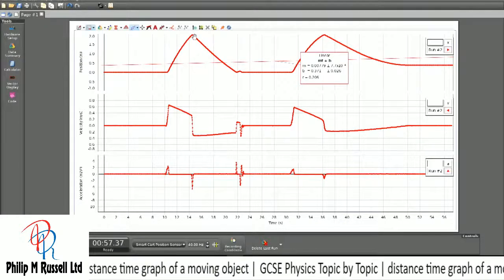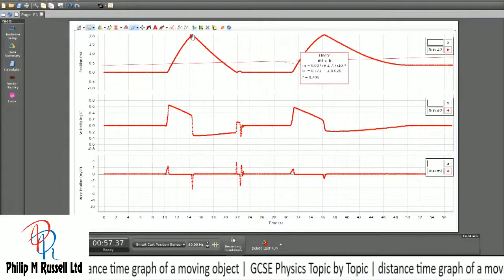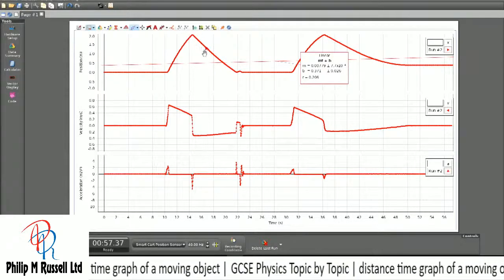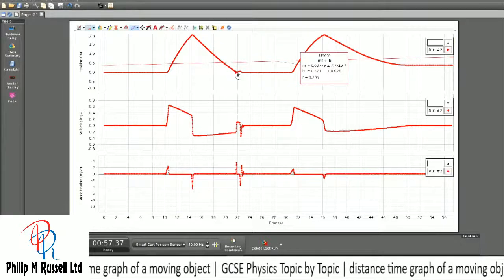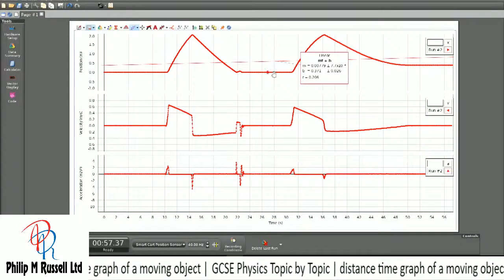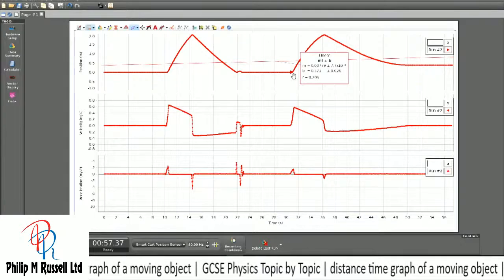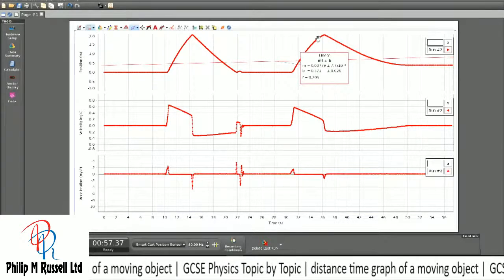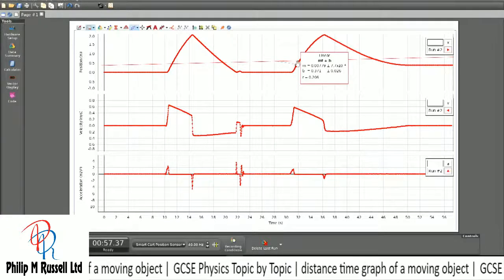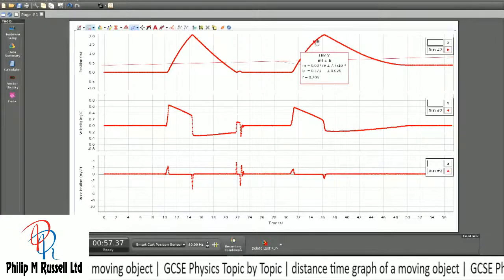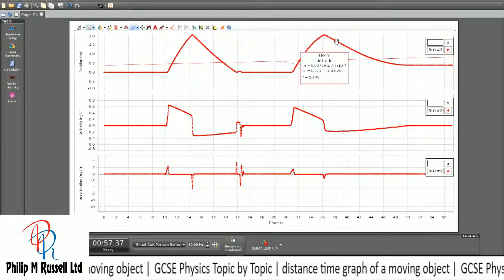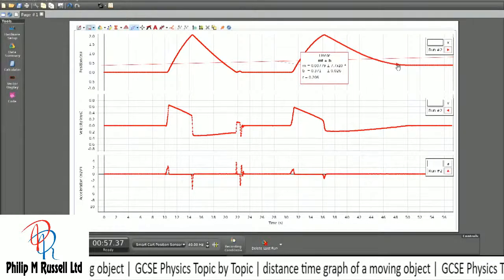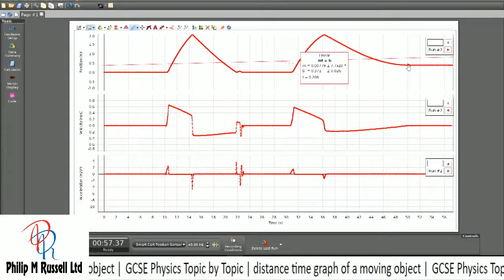When it gets to the bumper at the other end, it returns and comes back in the opposite direction, and it collides with the other end. I held it, didn't move, and then I gave it another push, this time much gentler, so you can see it slowed down more and more and more, and coming back it slowed down, and I stopped it before it got to the end of the track.